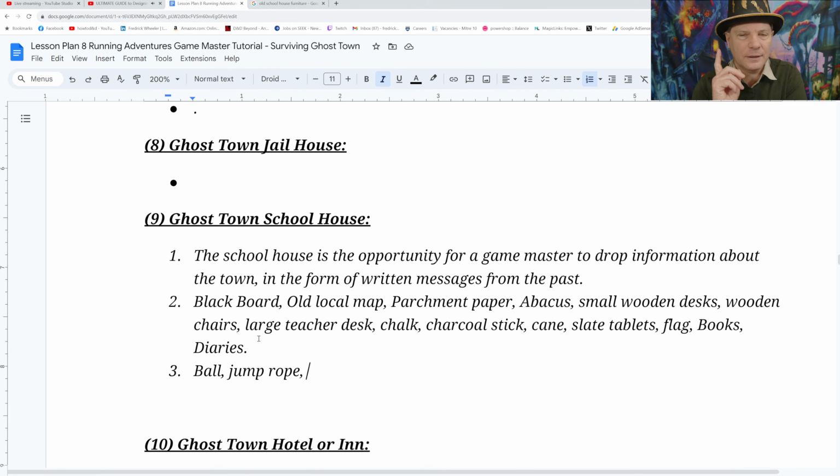I want you to think Old West or 1800s New Zealand, UK or Great Britain 1800s, Old West 1800s American small town location. So let's work with that and then figure out what we need to have there.